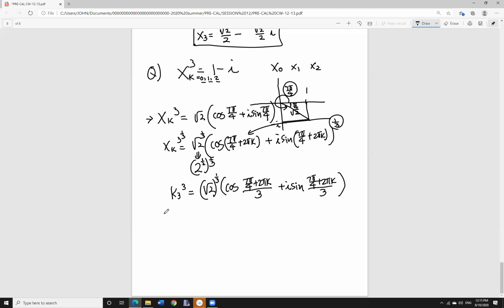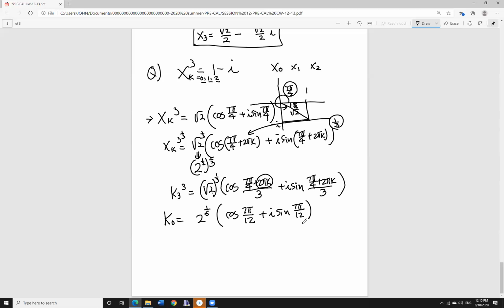When k equals 0, the modulus is 2 to the 1/6, all right, we know that. And for k equals 0, 7 pi over 4 divided by 3 is cosine 7 pi over 12, because the 2 pi k term is 0, plus i sine 7 pi over 12.